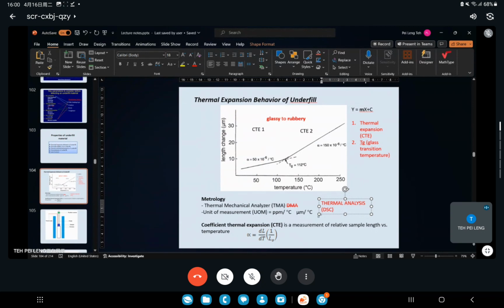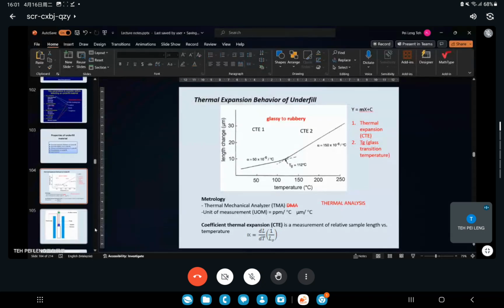If the question asks you to list a thermal analysis to determine thermal enthalpy and also glass transition temperature, yes, DSC is the one. Then you are correct. If the question asks you want to determine thermal expansion and glass transition temperature, then it's this one. Okay? It's this one.